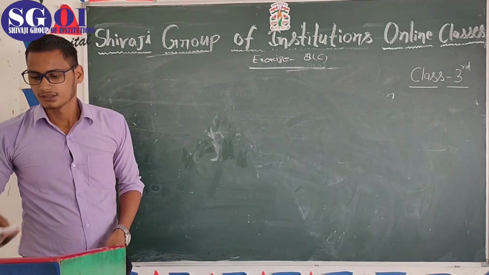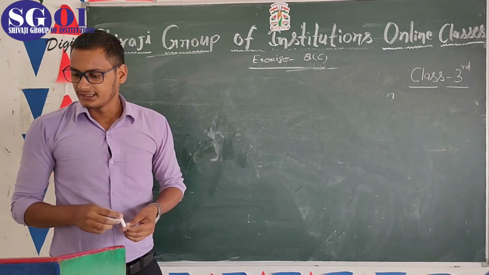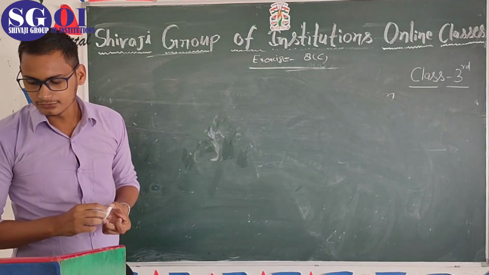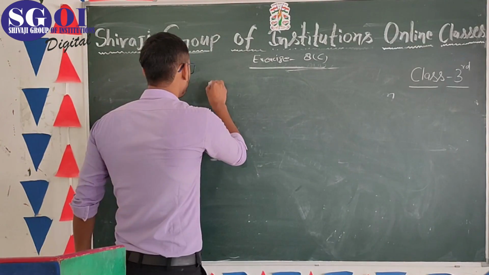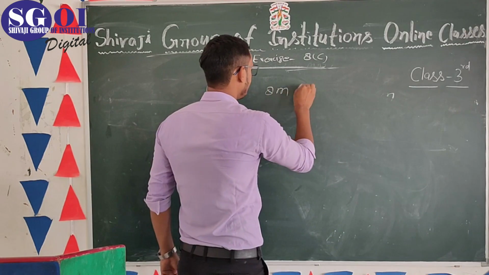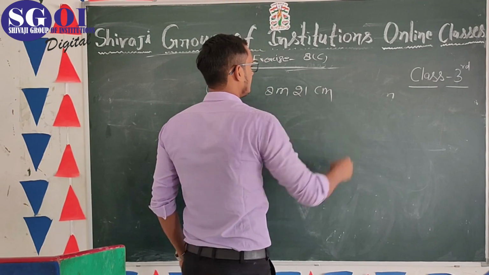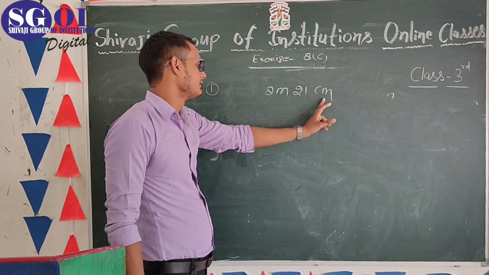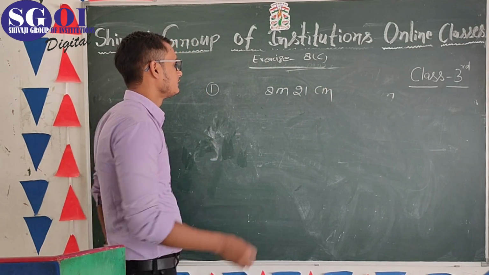Next, part C. Convert the following lengths into centimeter. Question number 1. 8 meter and 21 centimeter, and we have to convert this number into centimeter.